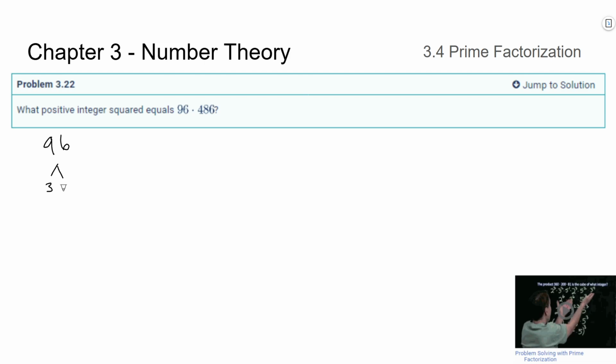You can also do it's an even number, so you can do 2 instead, and that would be 2 times 48. Anyways, we have 1 prime here. 32, we have 8 times 4, or 16 times 2.